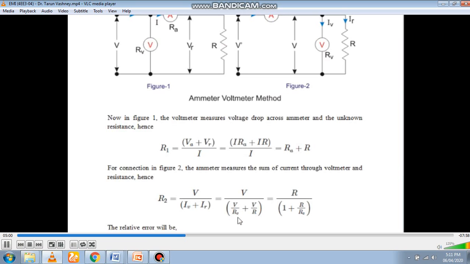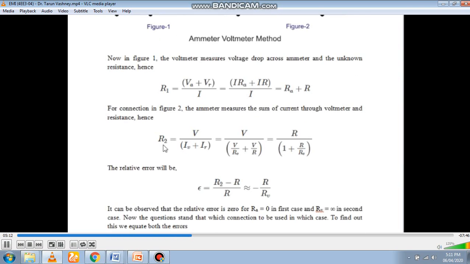Here V upon RV is the current flowing through the voltmeter, and V upon R is IR, through the resistance R. We can say R2 is given by R upon (1 plus R upon RV). The error, given by measured value minus actual value upon actual value, is approximately equal to minus R upon RV.